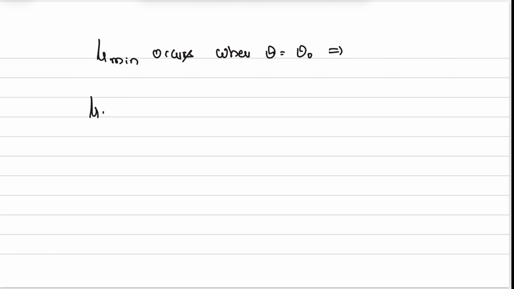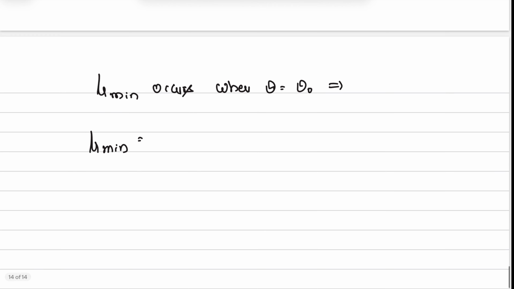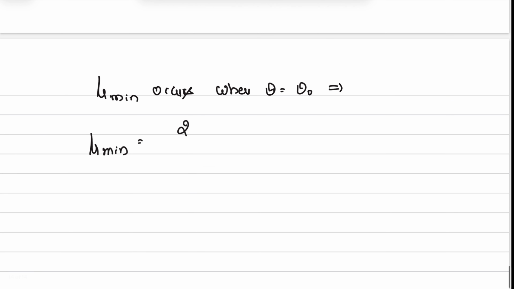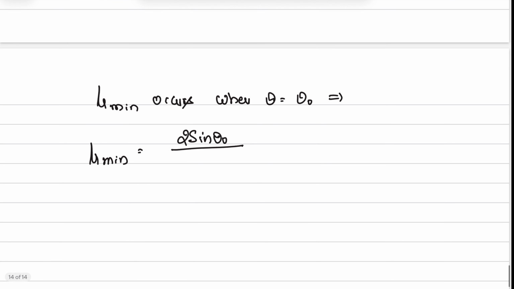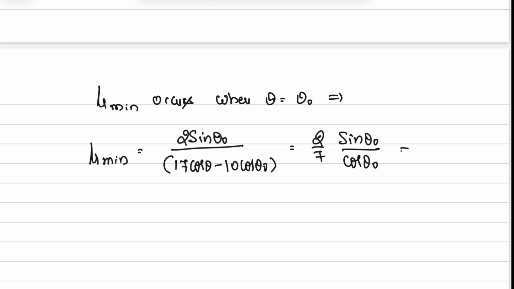That means mu minimum is equal to 2 sin theta naught divided by 17 cos theta naught minus 10 cos theta naught, which is equal to 2 by 7 into sin theta naught by cos theta naught. That implies mu minimum is equal to 2 by 7 into tan theta naught.